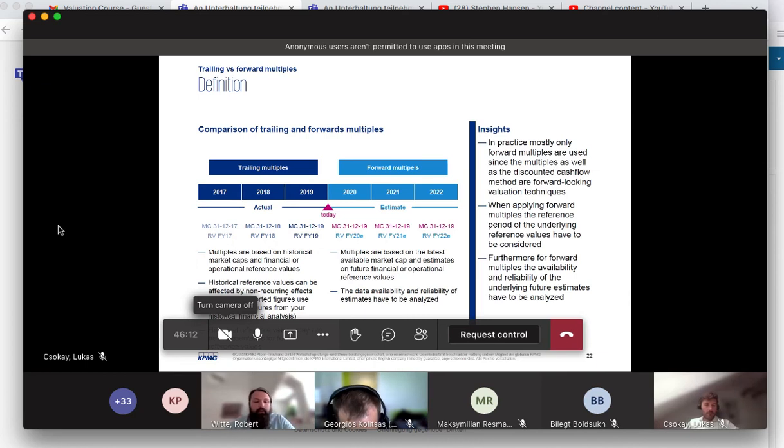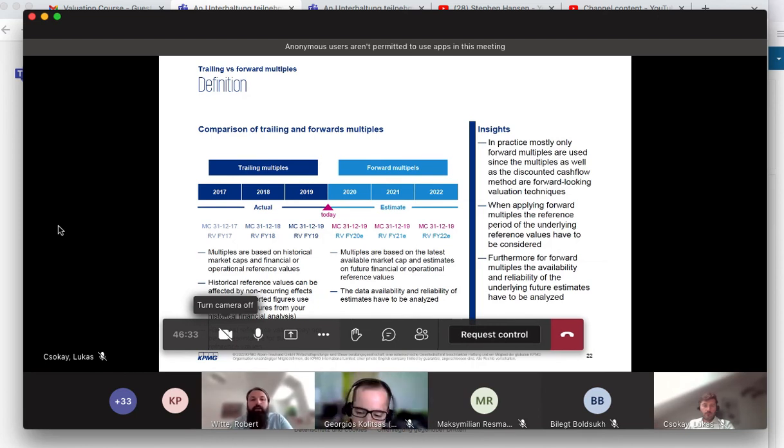We calculate the trading multiples for Twitter as of, let's say, the 31st of December 2021, the end of last year. So end of last year is today in this little picture here.